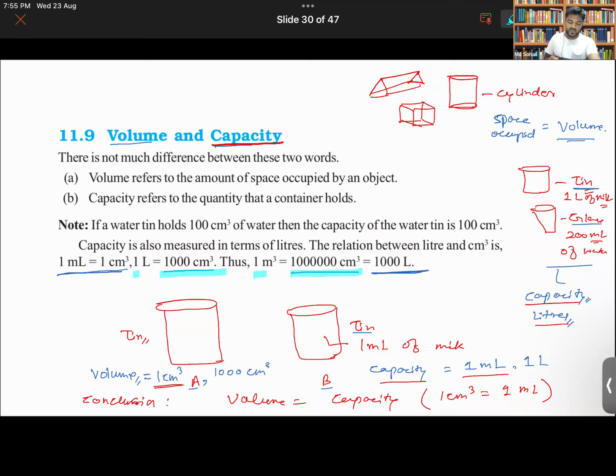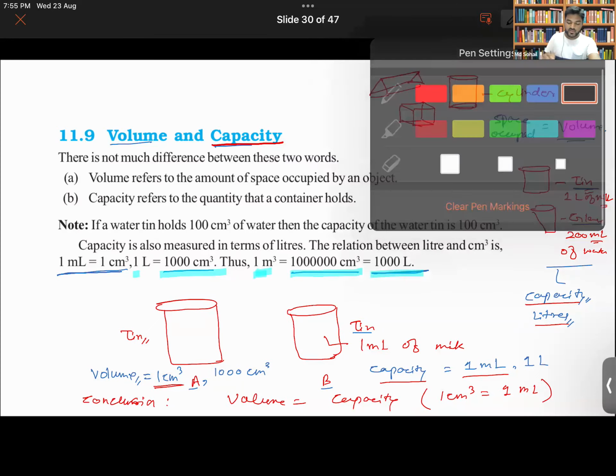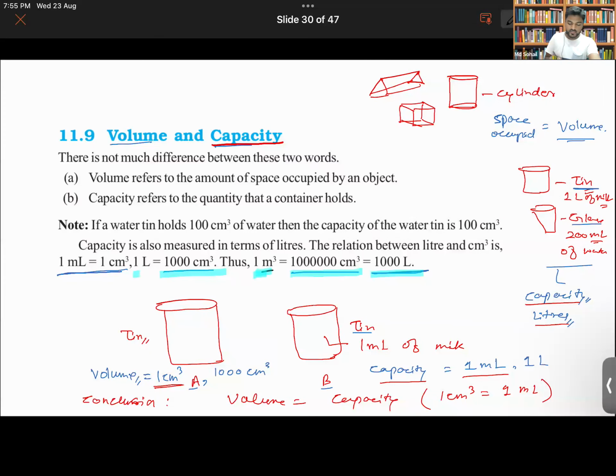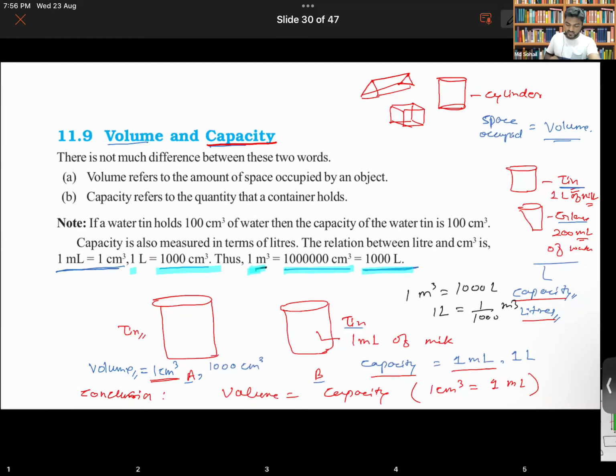So 1 cubic meter will be equal to 1,000 liter. In the question, the unit is given in meter cube, so you will be using this conversion: 1 cubic meter equals 1,000 liter, or we can say that 1 liter is equal to one thousandth of a cubic meter. Okay, let's move to the question.